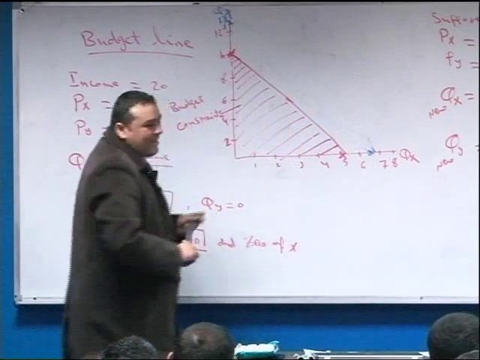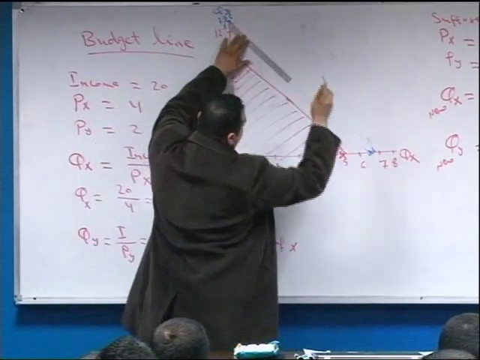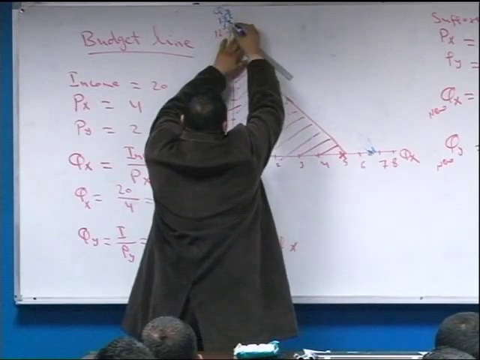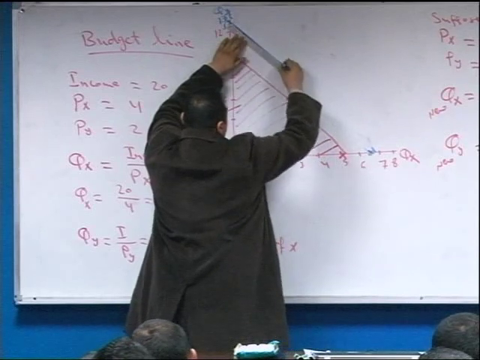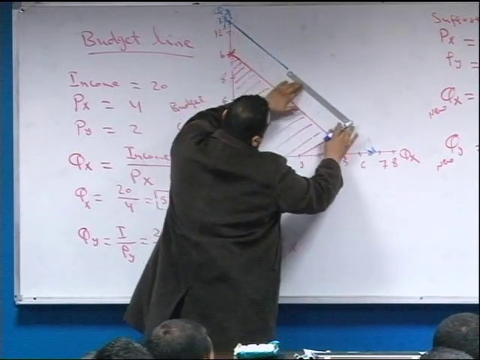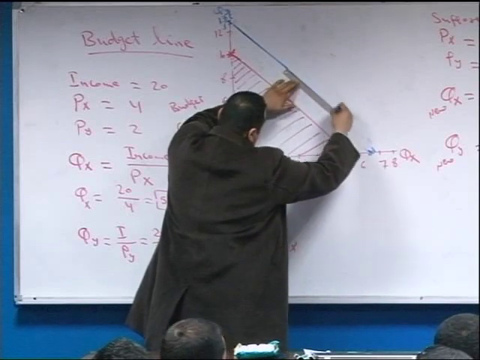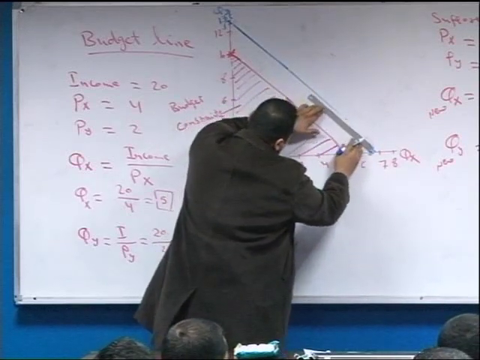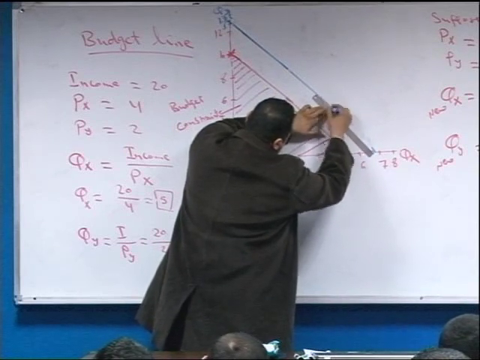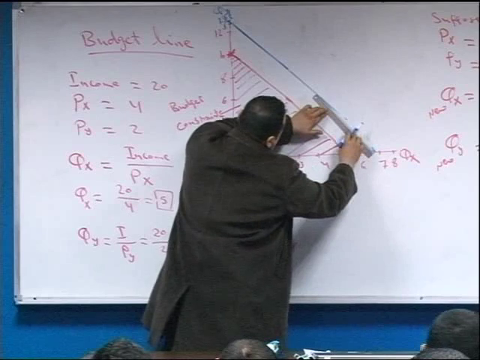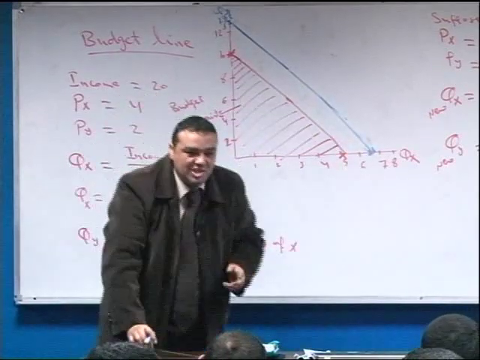We have a new budget line. So there is a rightward shifting of the budget line. This is the new budget line.